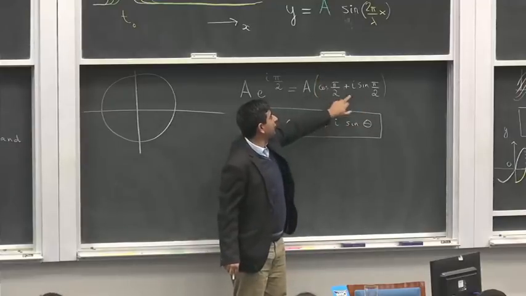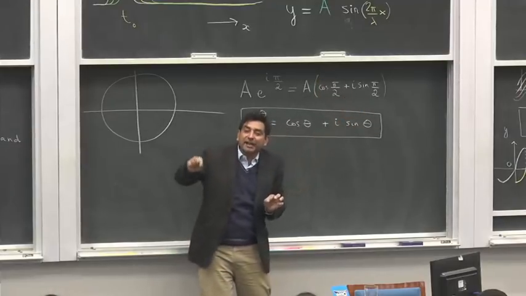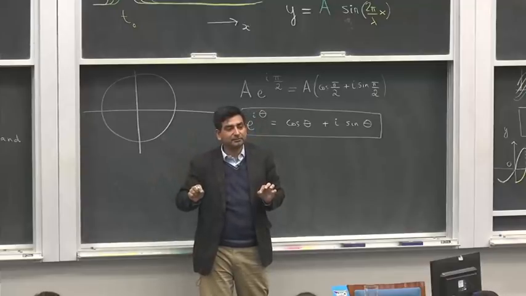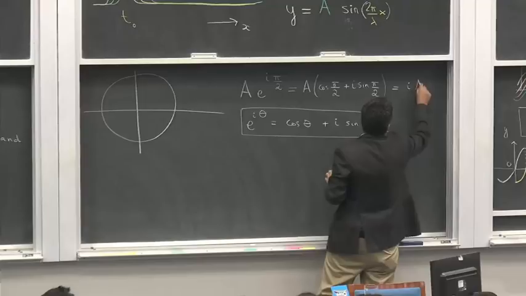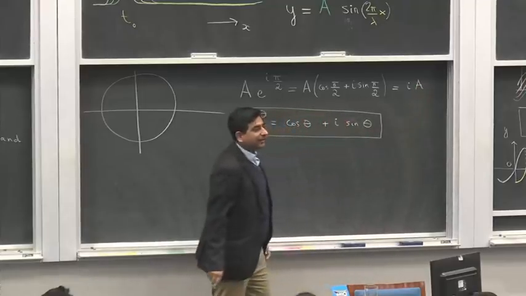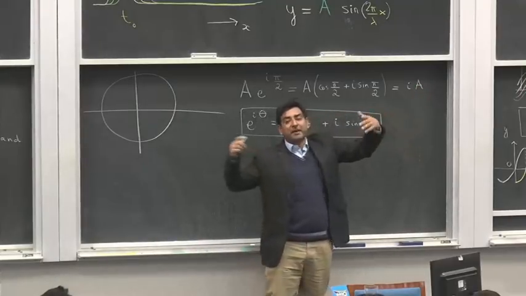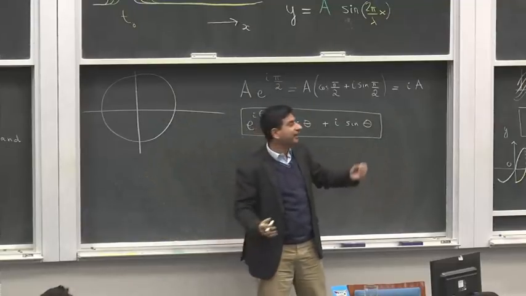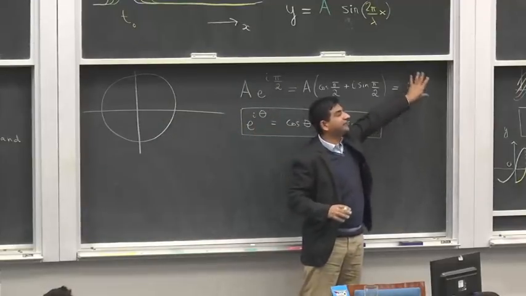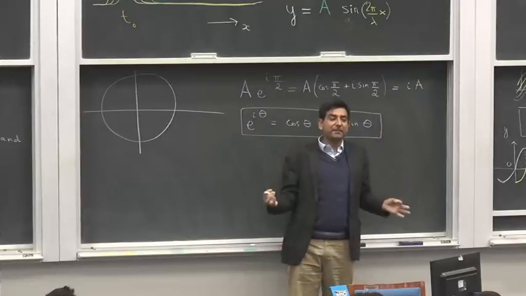So this becomes 0 and I'm left with iota times A. Now is this a real number or an imaginary number? Imaginary, purely imaginary, it doesn't have a real part. It just has iota multiplied with a scalar. It's a purely imaginary number.